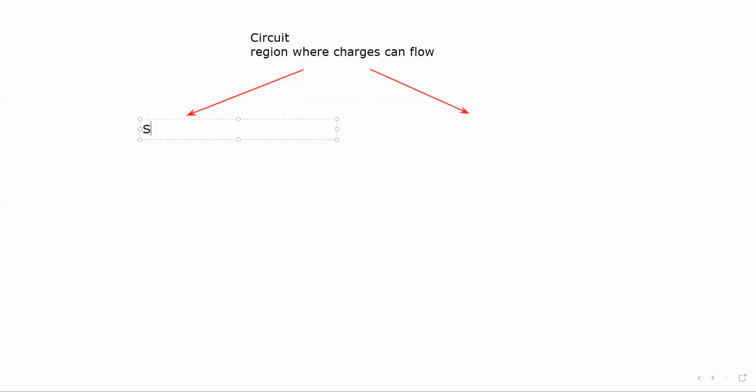One is known as series, another is known as parallel. A series circuit means only one way for the charges to move, and a parallel circuit means multiple ways for the charges to move.